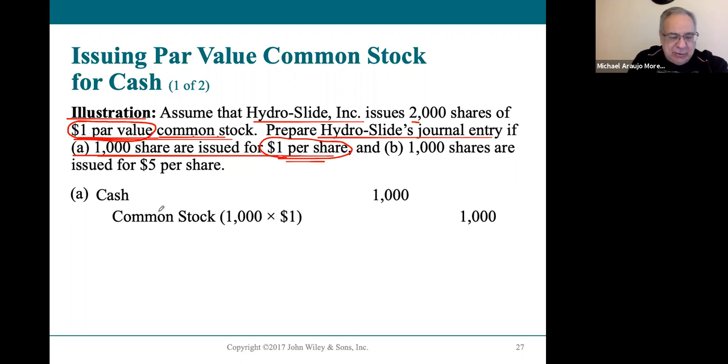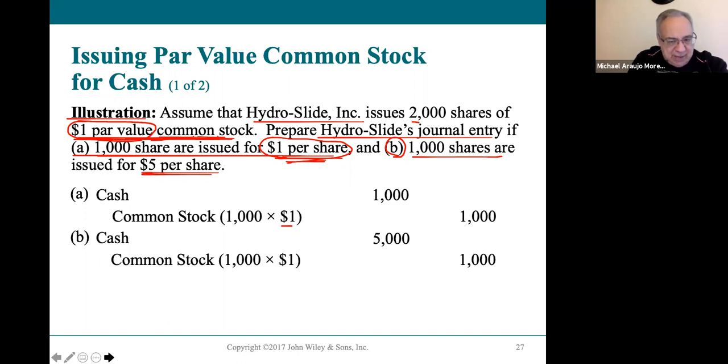So they raised $1,000 and it's all going into the common stock account because the price they raised is equal to the par value. But in part B, what happens if they sold another 1,000 shares, but this time they got $5 a share? Well, the first dollar of that is par value for common stock. All the other money is in excess of par. So how you would note this is they get $5,000 of cash.